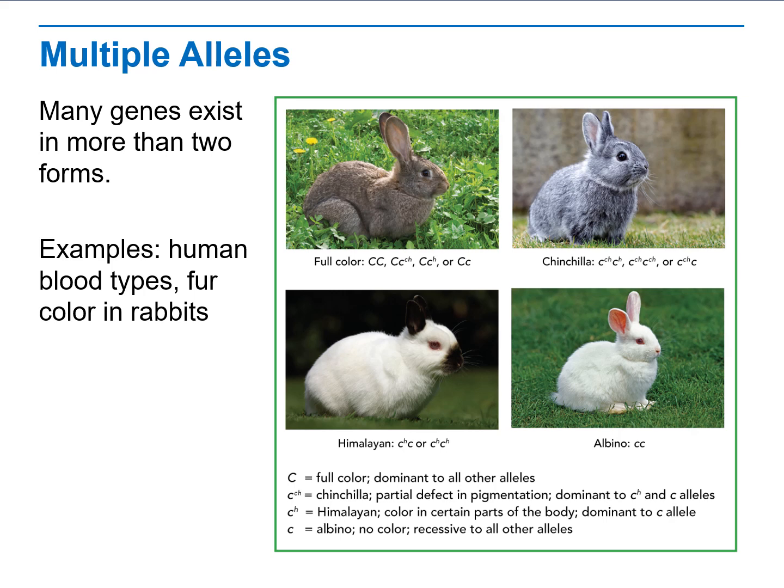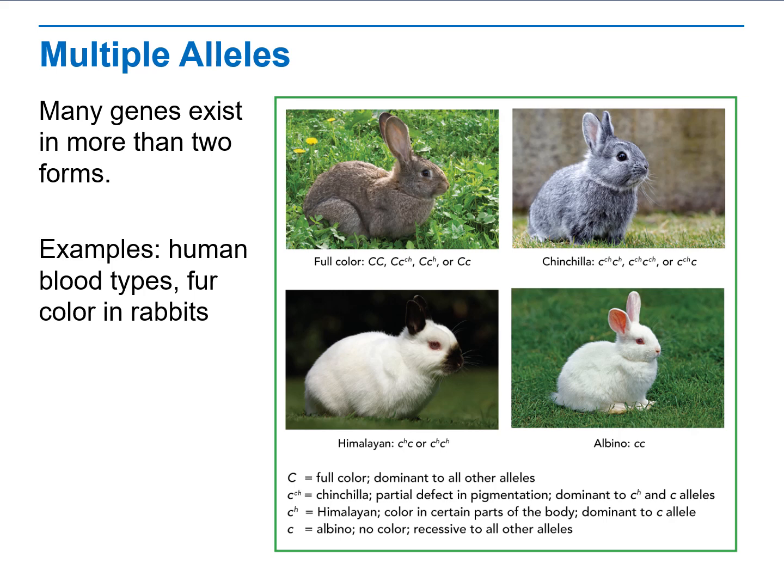Look at this example of rabbit coat color. These rabbits have multiple alleles. The alleles occur in order from the most dominant to least dominant. Capital C is full color. Capital C with a little CH is chinchilla color.